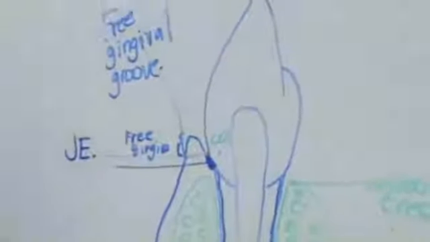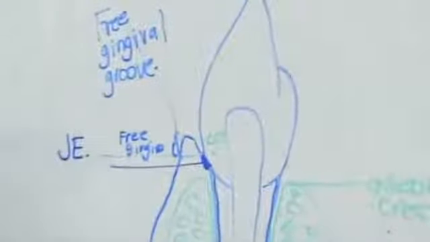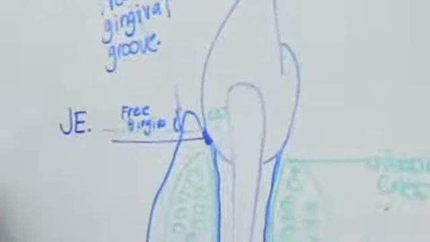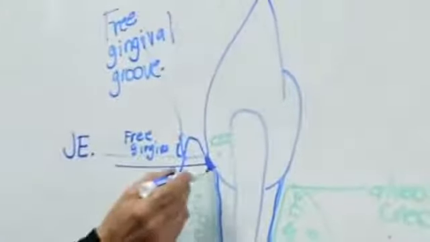Now we have to draw in our mucogingival junction. If you remember from yesterday, whereabouts are we going to put that? Now we did talk about the fact that attached gingiva can vary quite dramatically amongst different individuals. So for the purpose of our diagram drawing, where are we going to put the mucogingival junction, do you remember? All right, so the top third of the tooth, which is about there.